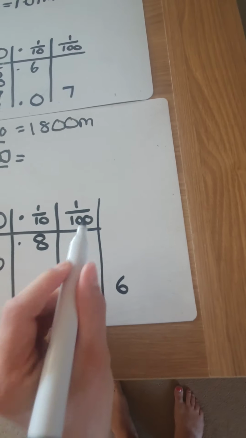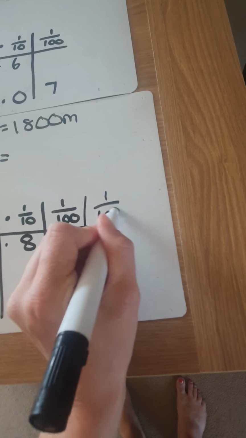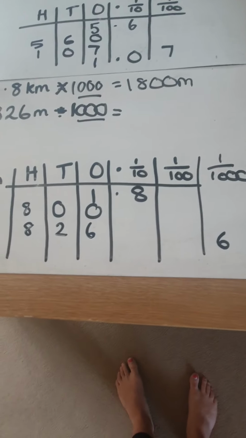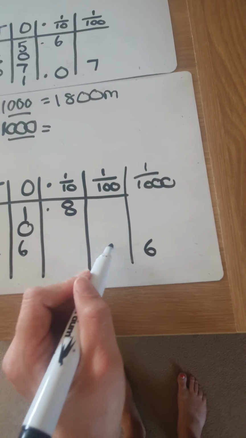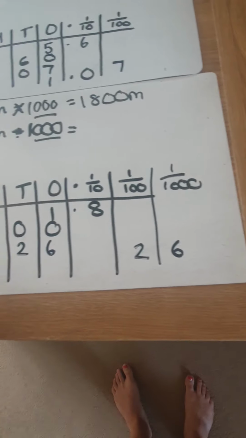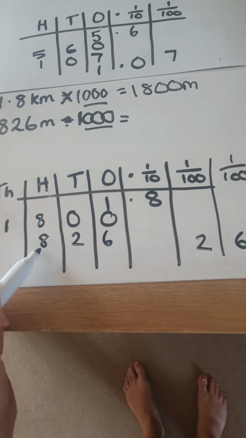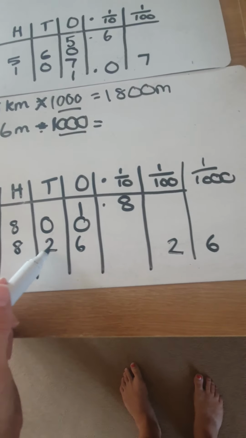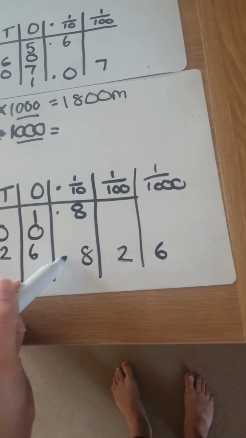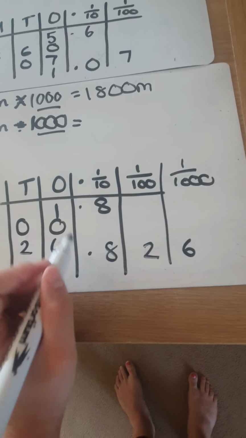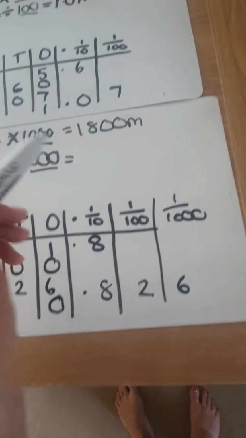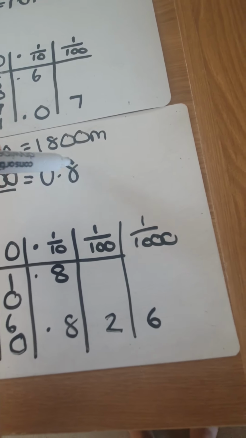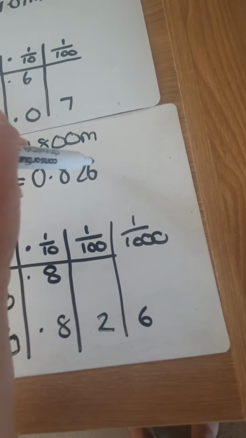Again, I haven't drawn this place value column in. Then you're going to move the 2 to the ones to the tenths to the hundredths. And then you've got to move the 8 from the hundreds to the tens to the ones to the tenths. You pop your decimal point in. Now there's nothing in the ones, so you always put a 0 placeholder. So it equals 0.826 kilometres.